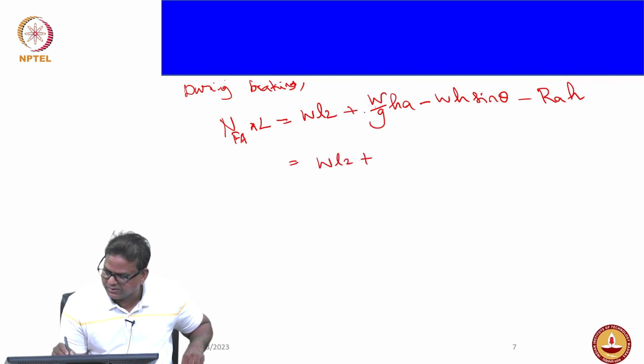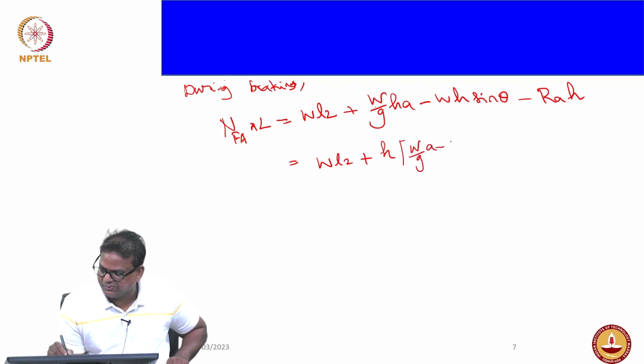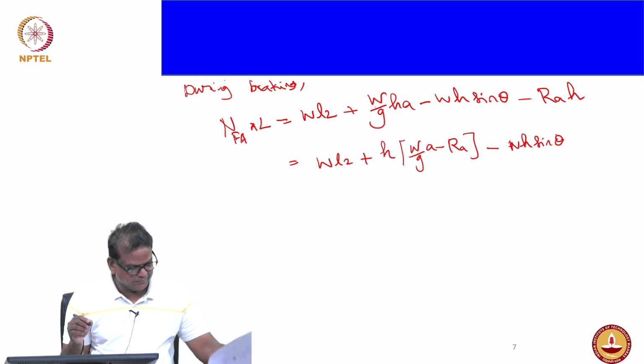WL2 plus, I will take W common, H as a common term, so this is W G by A minus RA, minus of W H sin theta. So this equation is there, right.